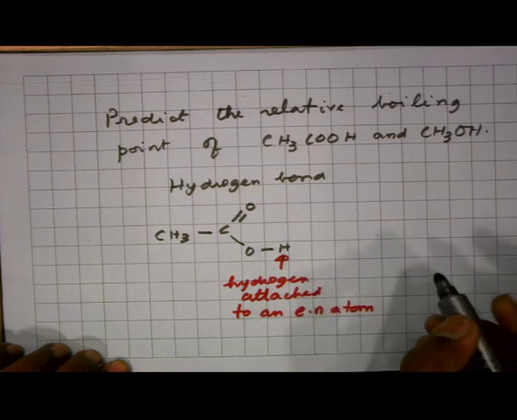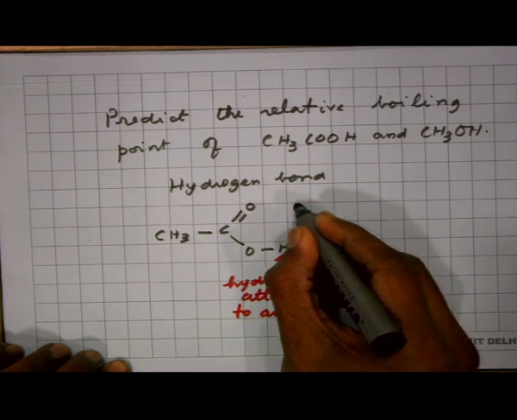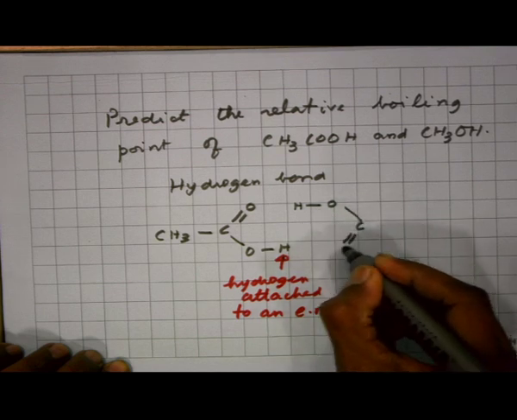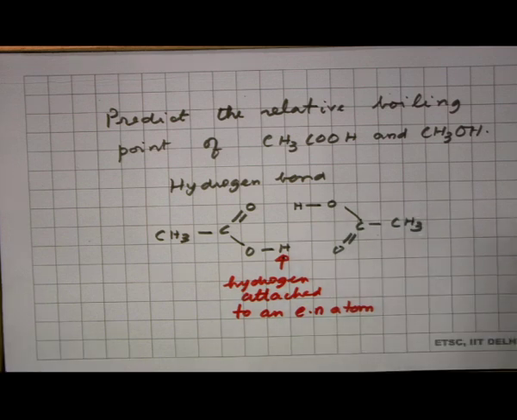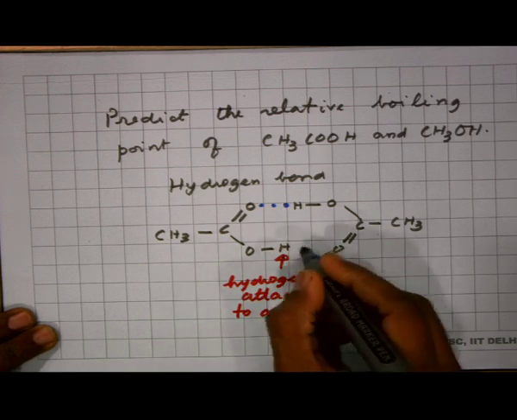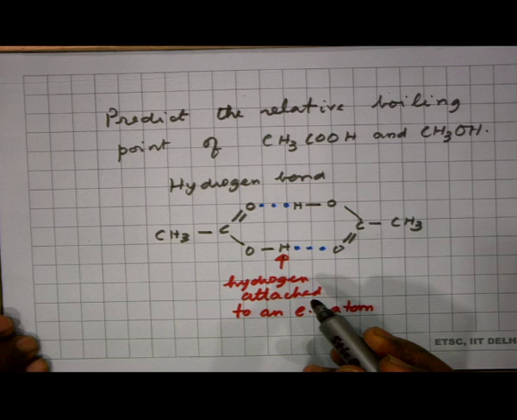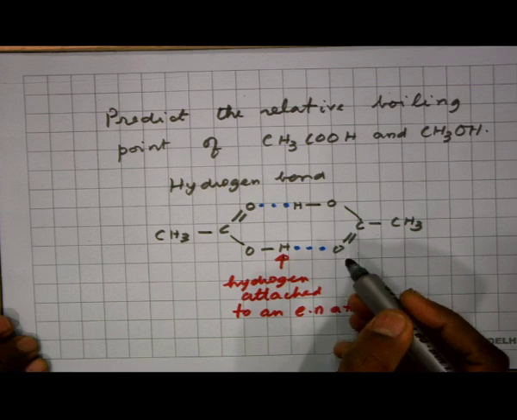So, if you had this, you write another molecule of acetic acid, but in the opposite orientation, and now you can see what would happen. You have the possibility of a hydrogen bond here, and you also have a possibility of a hydrogen bond here. So, each molecule of acetic acid could in principle have two hydrogen bonds.